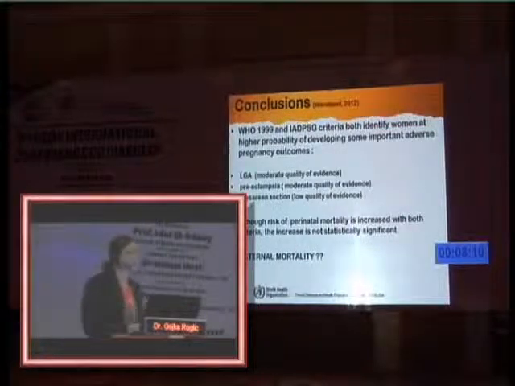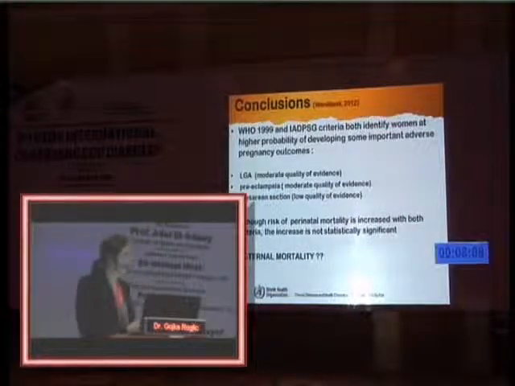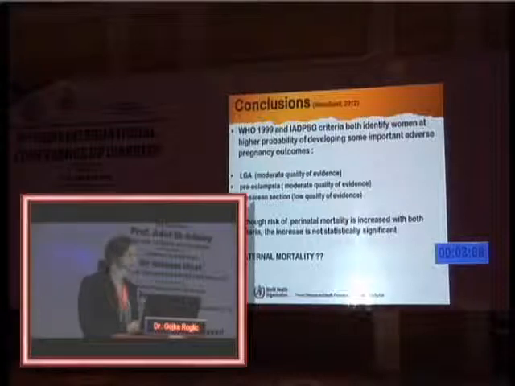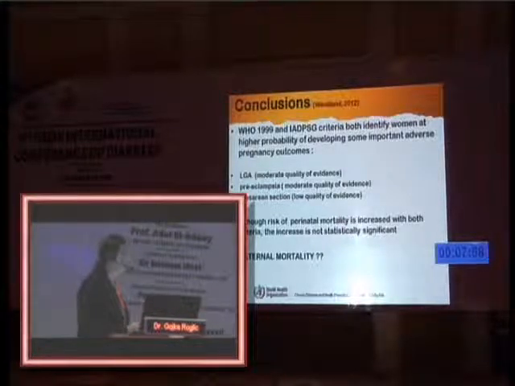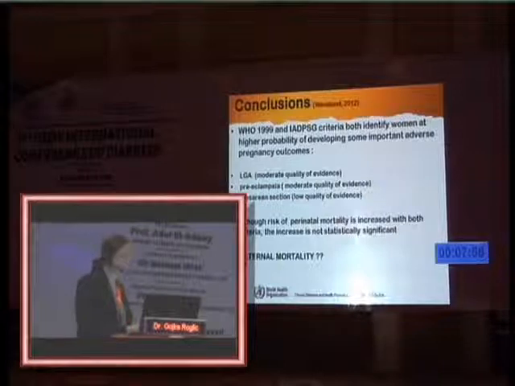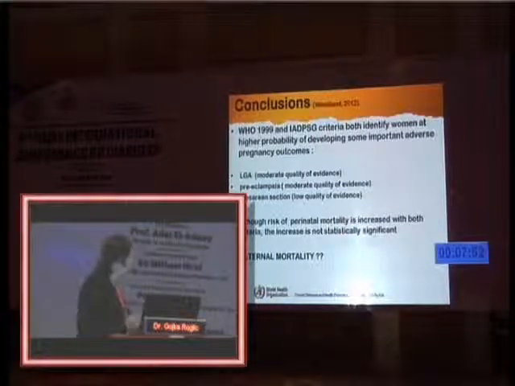So the conclusion from this systematic review is that the 99 criteria and the newer IADPSG criteria both identify women who will have a higher probability of some adverse event in pregnancy or immediately afterwards. Large babies, preeclampsia, and cesarean section.